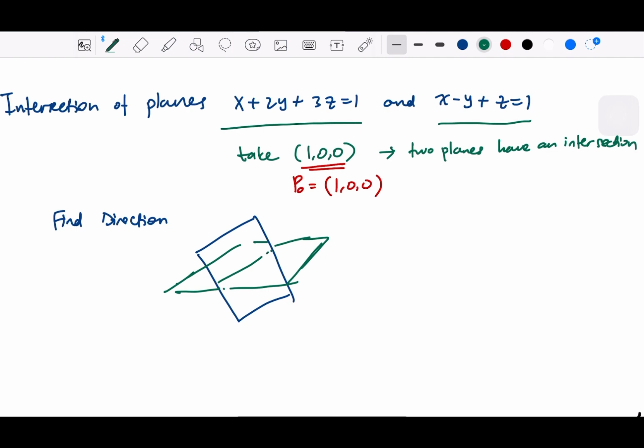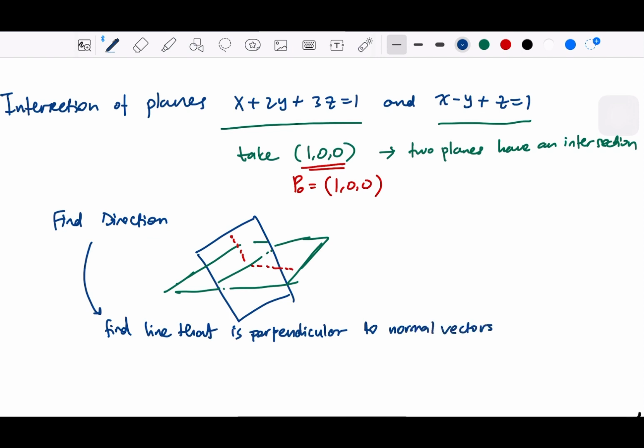To find the direction of the line of intersection, we need a line that is perpendicular to the normal vectors of the planes.